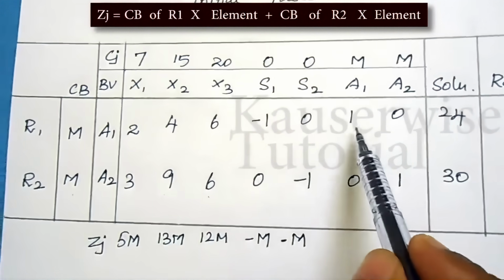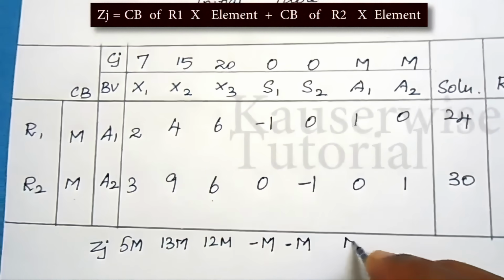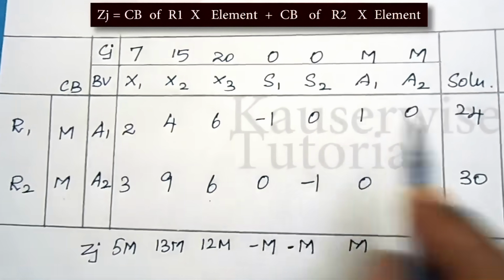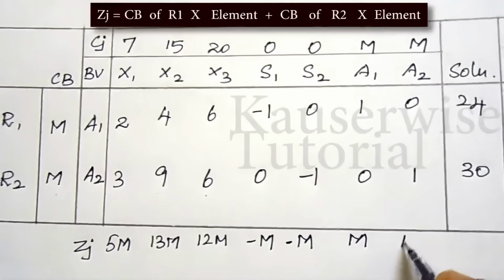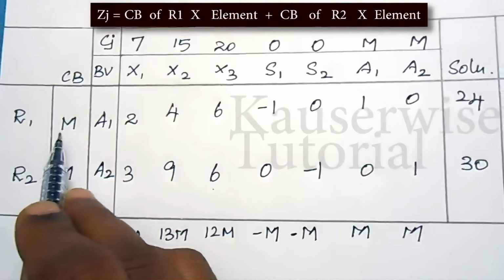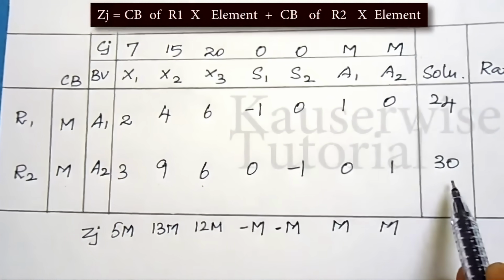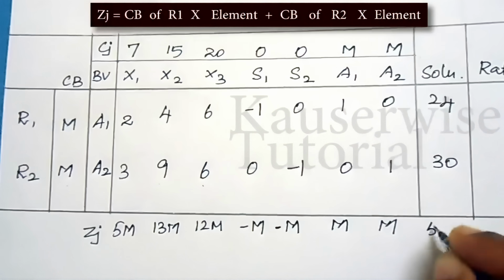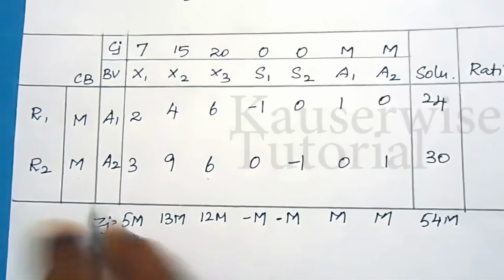Next one, m into 1, m, plus m into 0, 0. So plus m. Next one, m into 0, 0, plus m into 1, plus m. Next one, m into 24, 24m, plus m into 30, 30m. Totally 54m. So this is the way to find Zj.